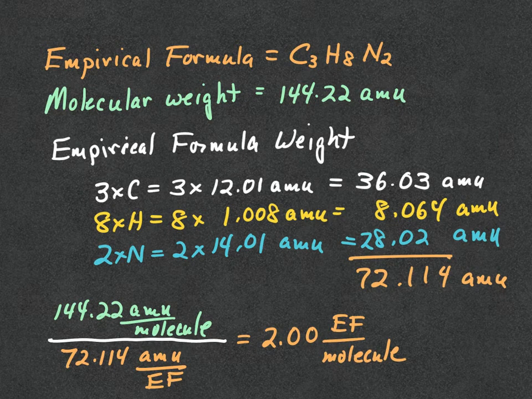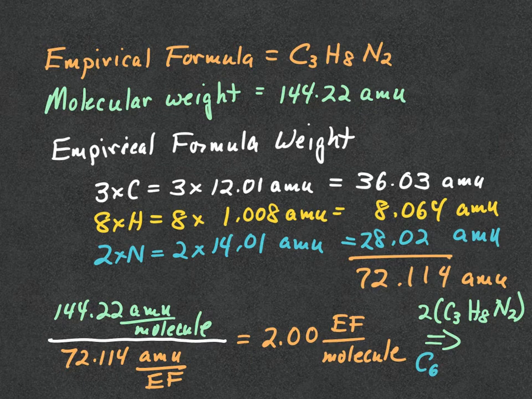Right? So we will take 2 times the C3H8N2 to get our final formula of C6H16N4. And that is our molecular formula.